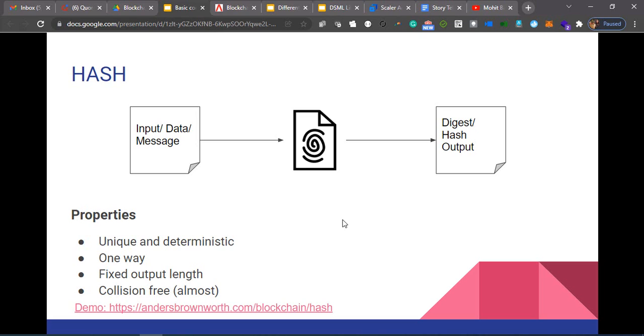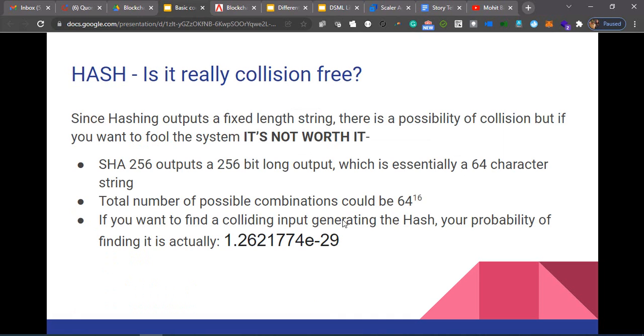So the next question which we should ask is whether the function which we are considering is actually collision free or not. So it turns out that it is not entirely collision free, but it's almost collision free. So by that I mean that the total number of possible combinations which it can take is 64 to the power 16.